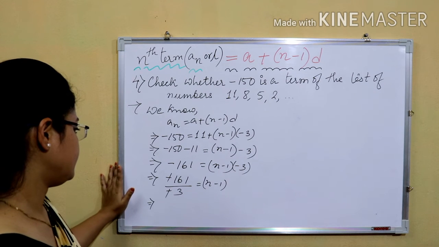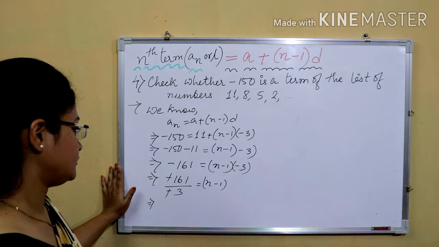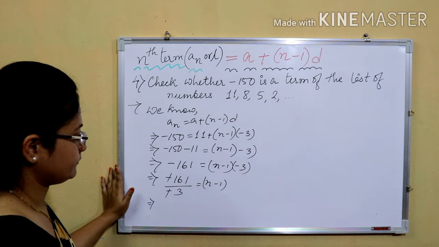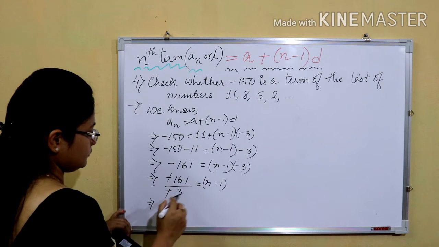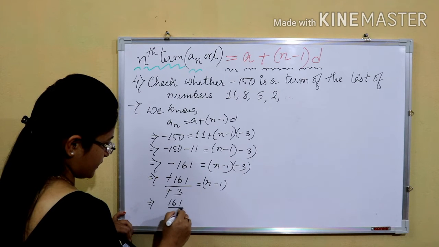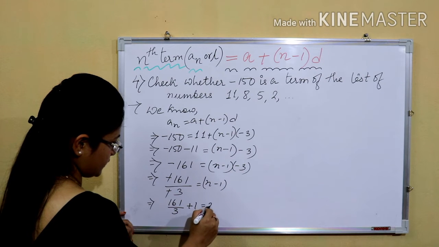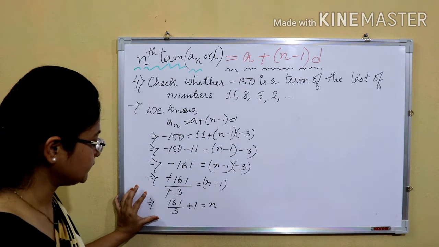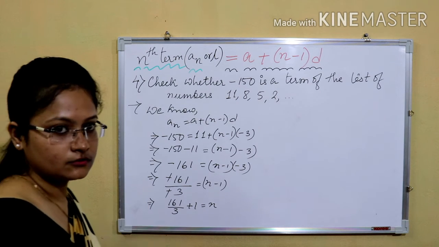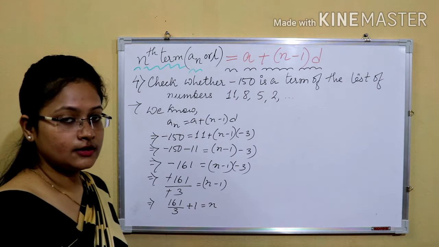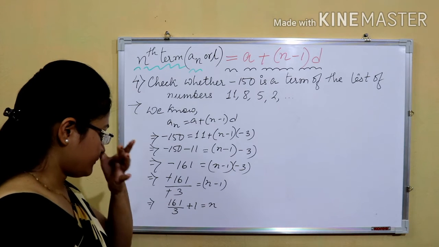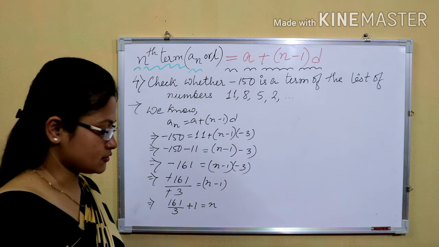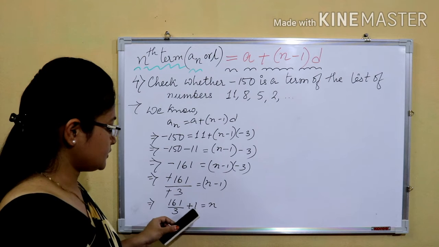161 by 3, if we divide, we will not get a natural number. So 161 by 3 plus 1 is equal to n. If you solve 161 by 3 plus 1, you will get a fraction or a rational number, but not a natural number. It will not give you an integer.